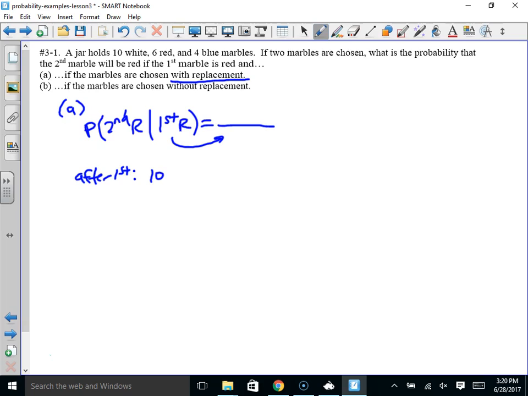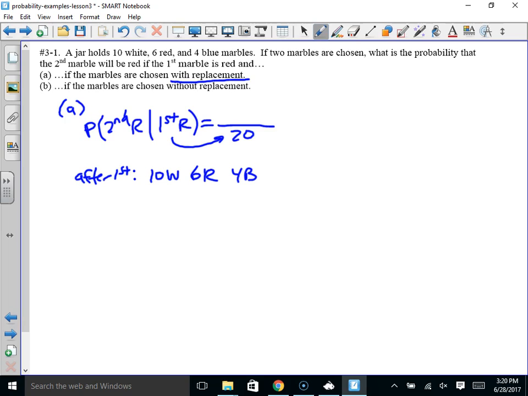We'll have 10 whites, 6 reds, and 4 blue marbles because we replaced whatever marble we got back in there, and we have all the marbles. So that means there are 6 plus 4 is 10 plus 10 is 20. There are 20 marbles in the bag to choose from, right?